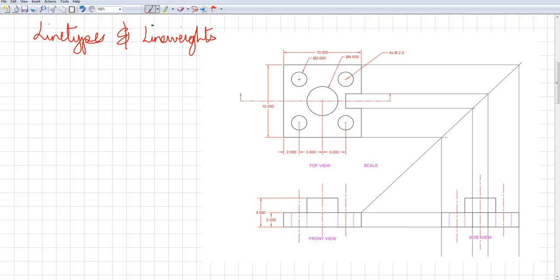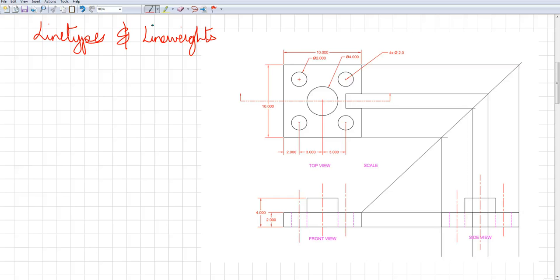And why do we follow the standards? Again, to make our drawing readable so everyone understands, everyone is on the same page, so everyone understands what you are trying to convey. Everyone can read your drawing, so they can understand the language that you're trying to talk in.